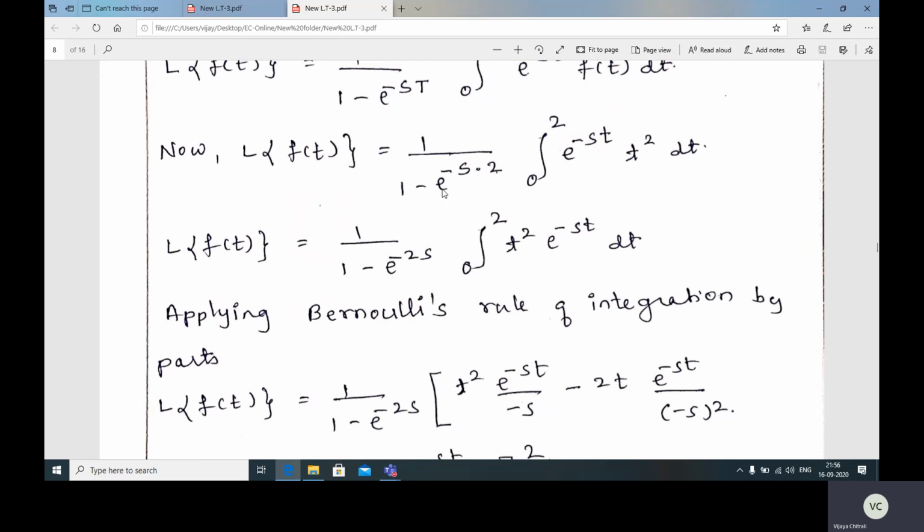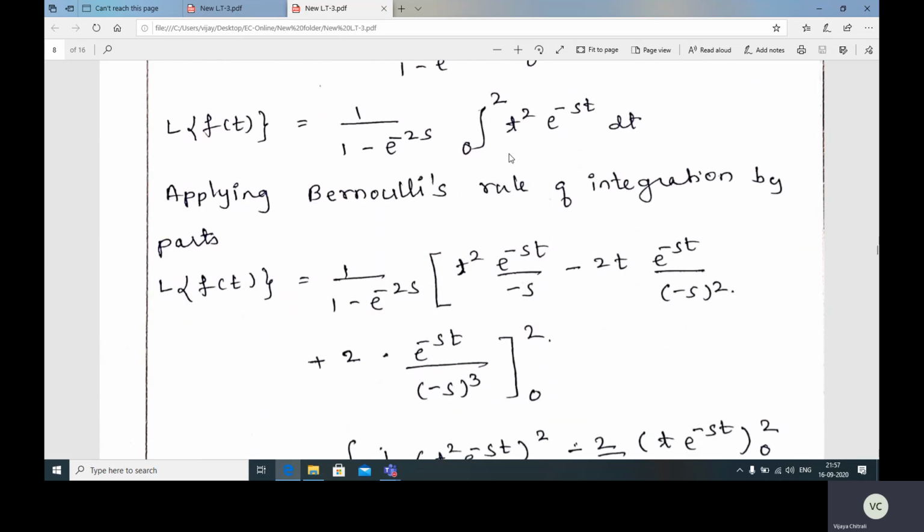So we want the integration of t square into e raised to minus st, right? We always take the polynomial as u, because after certain differentiation the term becomes 0. So the polynomial t square is u, and the rest is understood as v.